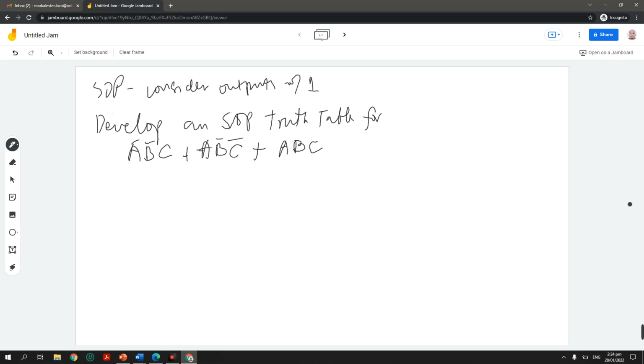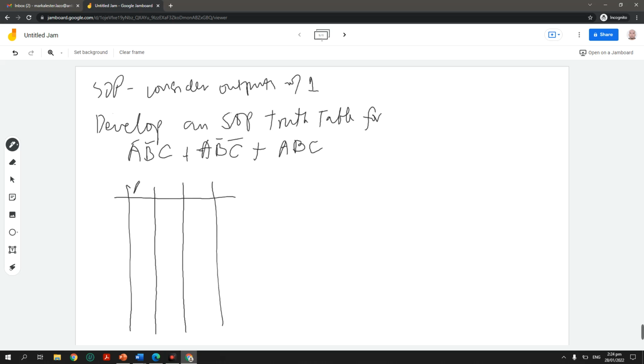So in developing a truth table, first we will consider how many inputs we have. In the given example, we have three inputs: input A, B, and input C. Then this will be our output. Since we have three inputs, how many input combinations do we have?